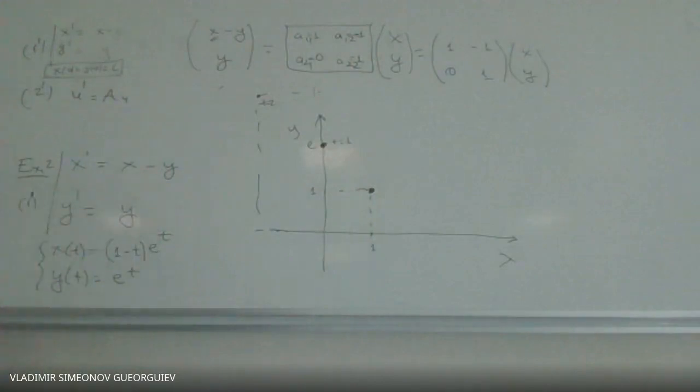Probably to have better picture, let us take t equal 1/2. When t is 1/2, here you can use your calculators, for example. This is 1/2, a to the power 1/2. Square root of 2 something.